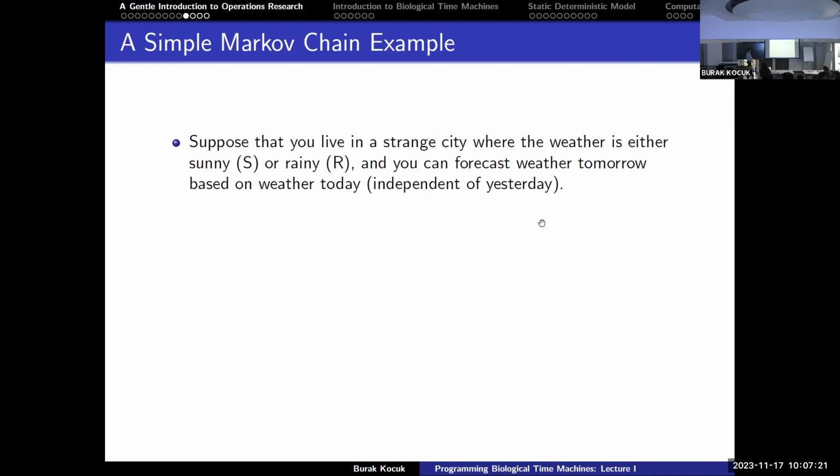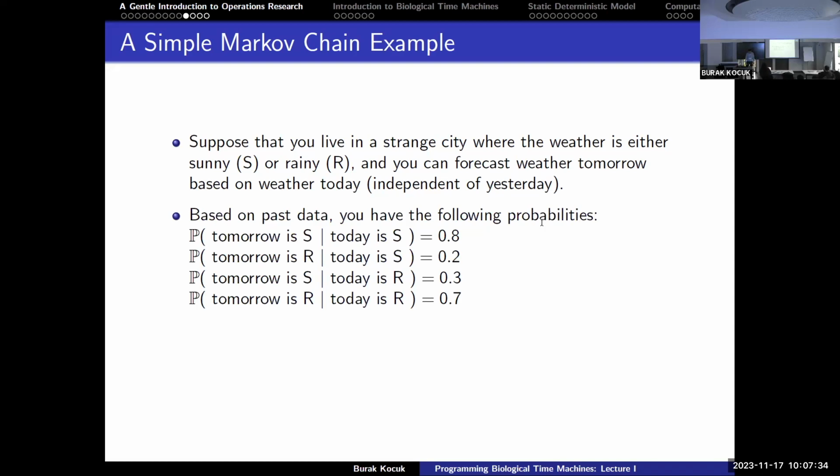So you may question this. Well, can these kinds of problems or situations really exist? Yes, they do. And okay, so what we did is, you live in this city for long, and you computed these probabilities. So these are conditional probabilities.